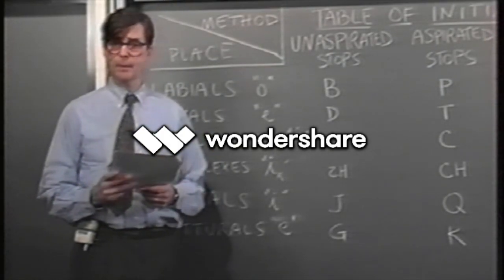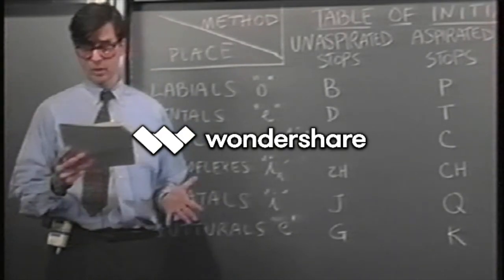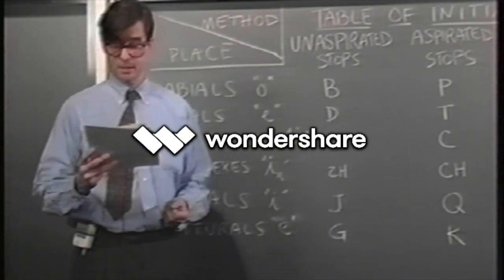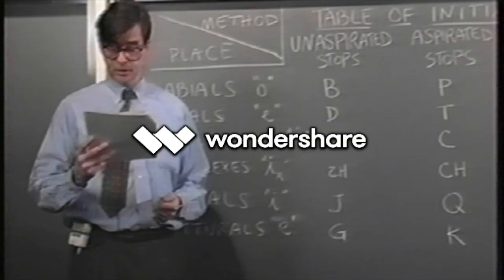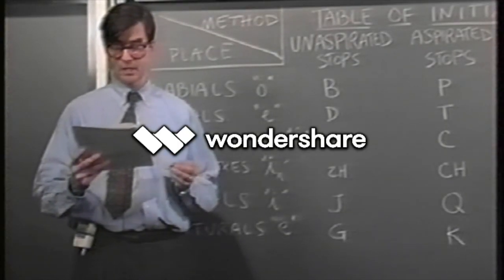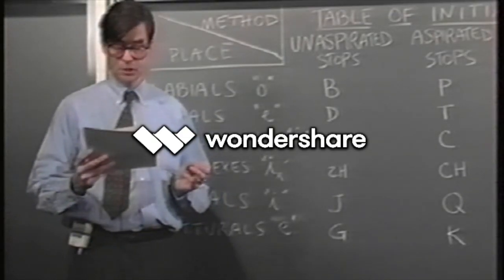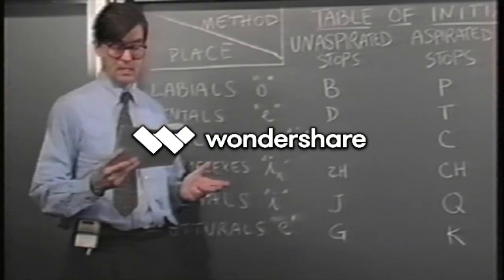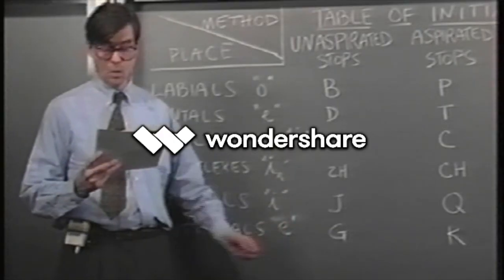Now, it's very probable, I think, that you've never really noticed this voicing in the English consonant initials. And you may now find it hard to imagine yourself saying directly an initial B, D, J, or G without voicing it.